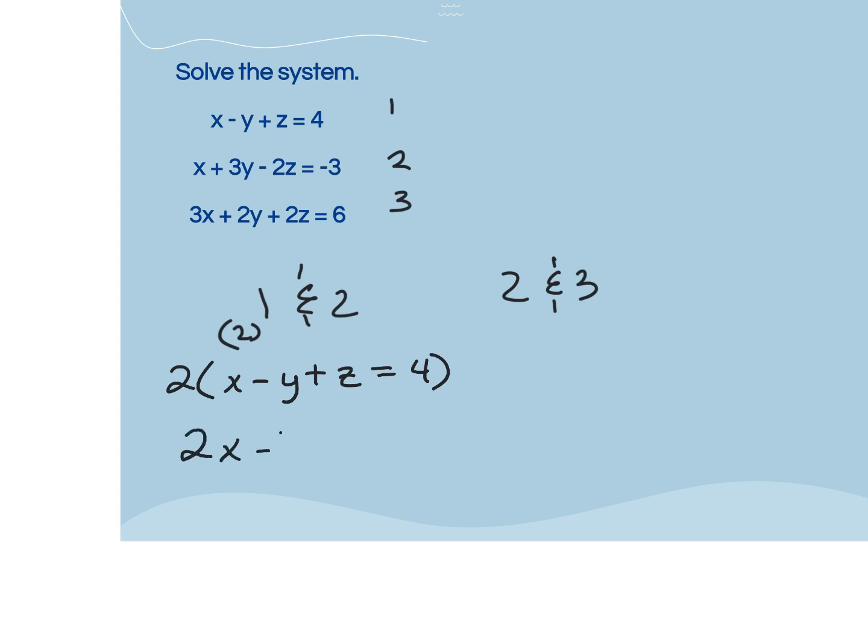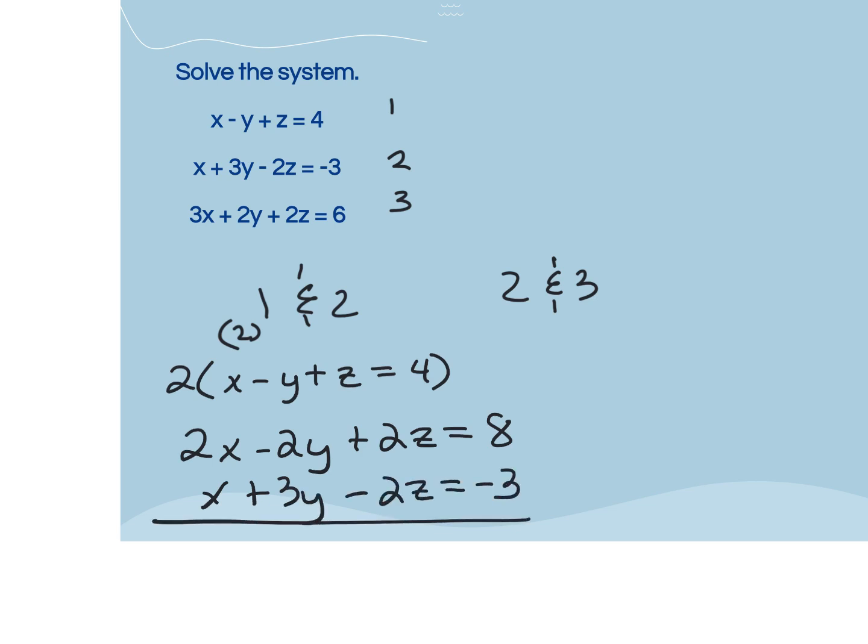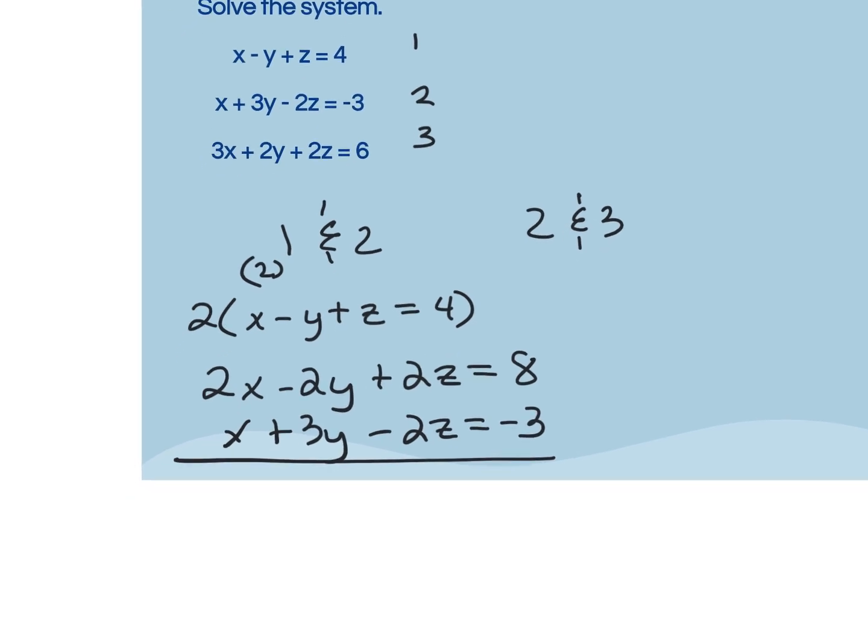So 2x minus 2y plus 2z equals 8. I'm now going to add that to 2. Once I add it to 2, the z's cancel out. I'm left with 3x plus y equals 5.